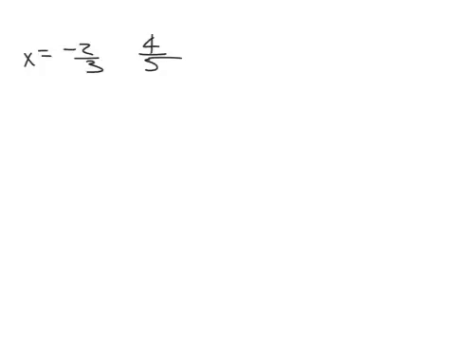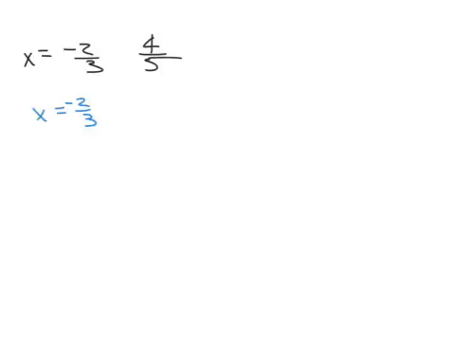Now when they give us fractions, things are a little bit more tricky. Not too terribly tricky, but just a little bit more. So what we do is we say that x equals negative 2/3. So let's go ahead and get rid of our fraction.